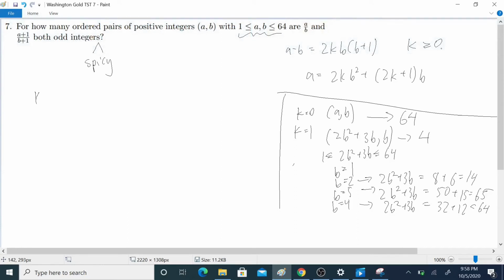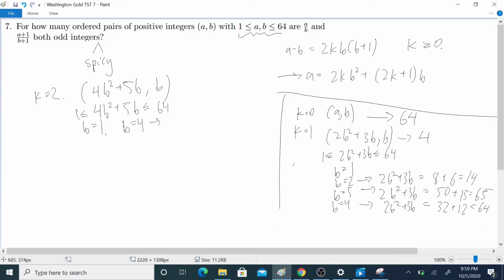So what if k equals 2? If we plug it into this formula, the possible pairs are of the form 4b squared plus 5b, comma b. So that means 1 ≤ 4b squared plus 5b ≤ 64. Again, b equals 1 clearly works. So we try to find the upper bound like before. b equals 4 worked for k equals 1, so that's a good upper bound to try.